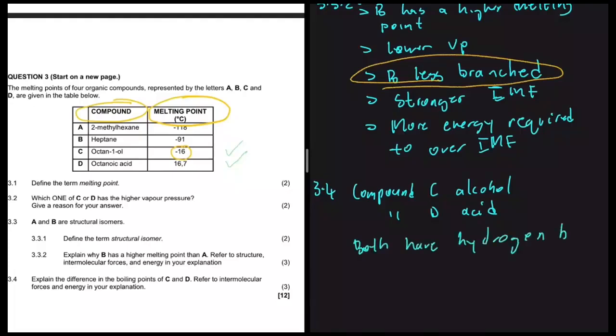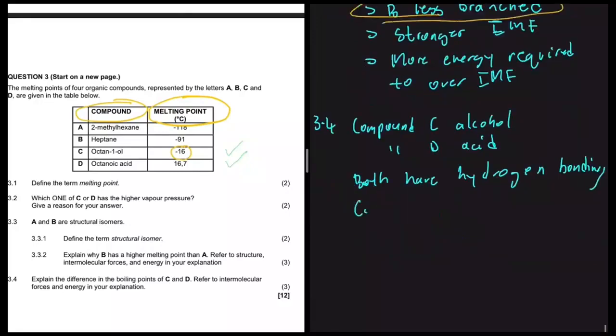But then if they both have hydrogen bonding, then why do they have different melting points and consequently different boiling points? That is because compound D, which is our acid, has two sides of hydrogen bonding versus compound C that has only one side of hydrogen bonding.